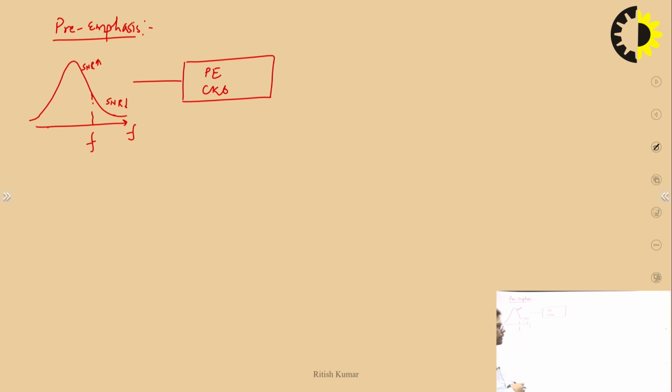So we have the option, either you can increase the signal strength or decrease the noise power. Here we are doing the process of increasing the signal strength. So at last we will get a high signal to noise ratio at the transmitter side, right?